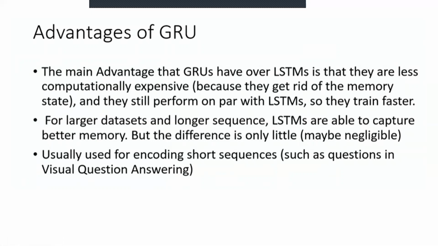But when we create or generate text, if we have a long sentence, then GRU would not be able to understand much because it doesn't have a memory cell. However, the LSTM would be able to understand because it keeps the memory at each timestamp, right? So GRU is much better in the scenario where the encoding needs to be done for short sentences.